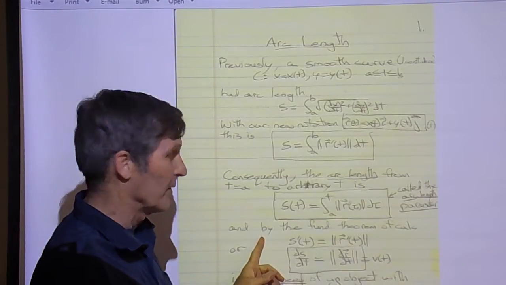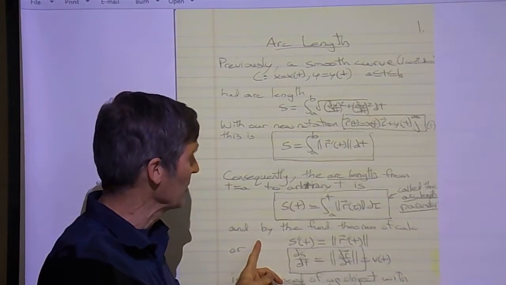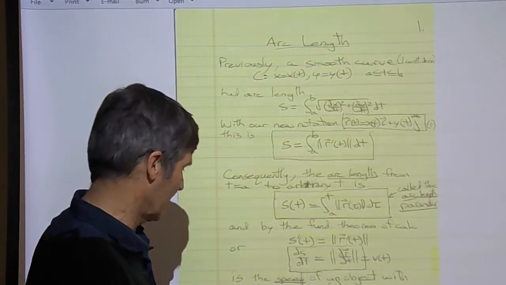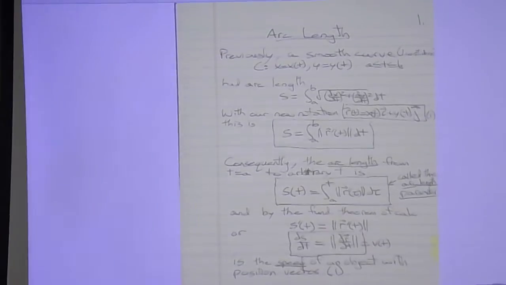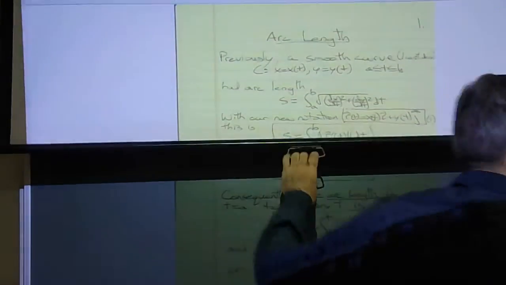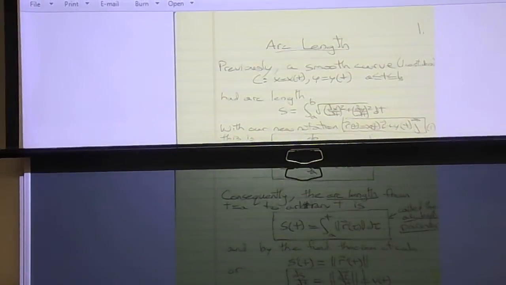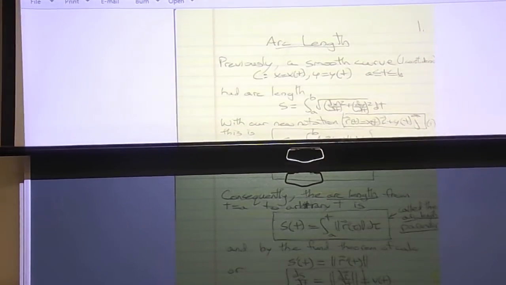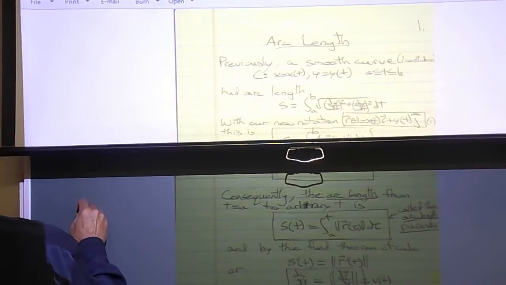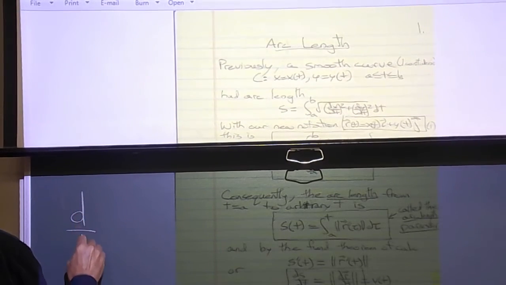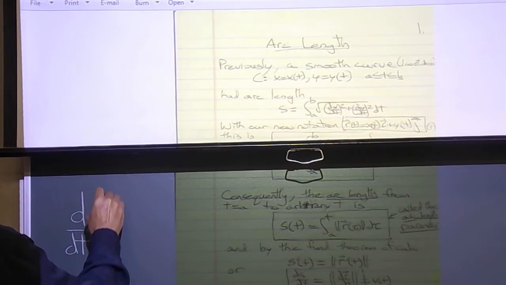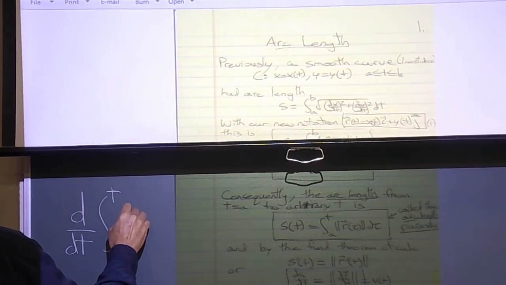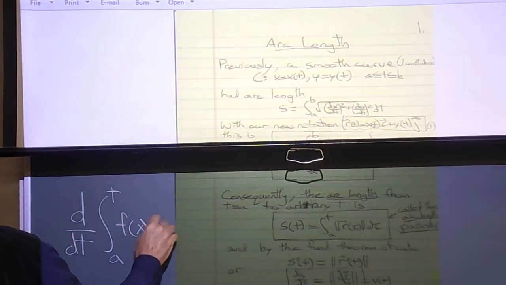Now, however, an interesting thing occurs. You realize from the fundamental theorem of calculus, one of the two parts, remember this one, maybe I can put it up here real quick. Take the derivative with respect to t of an integral from a to t of f of tau d tau.